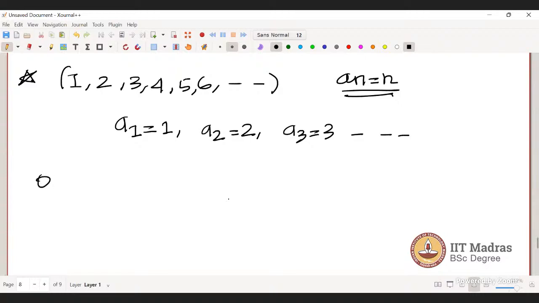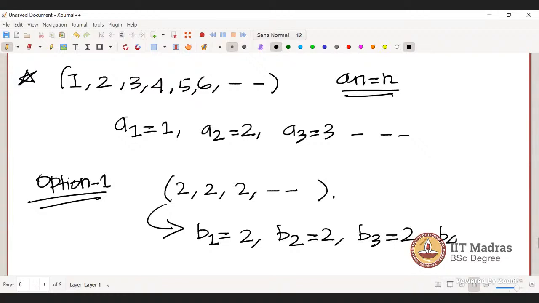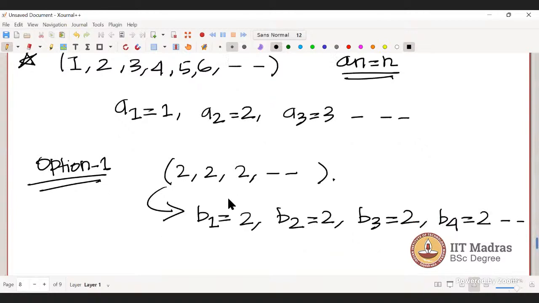The option 1 is basically 2, 2, 2, 2. So my question is whether this can be a subsequence of the above one. Doesn't look like it. B1 is 2, B2 is 2, B3 is also 2, and B4 is also 2. All the terms of the sequence are 2, right?